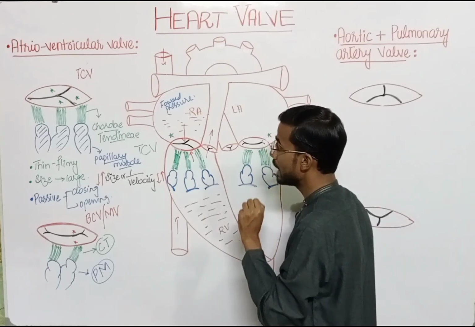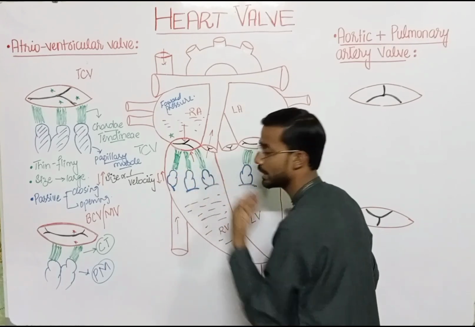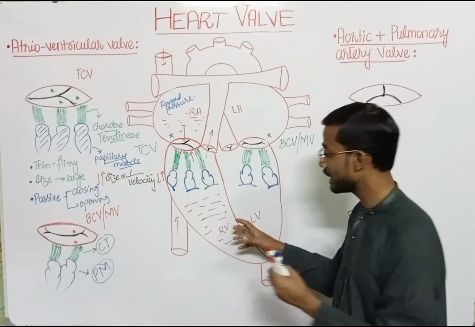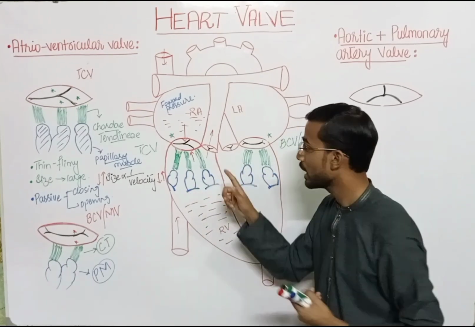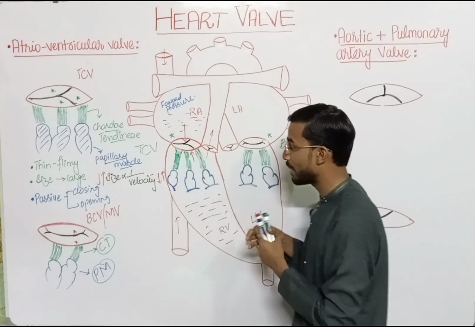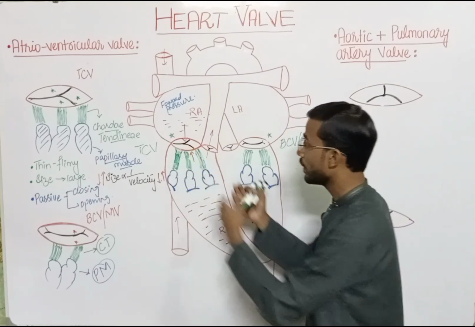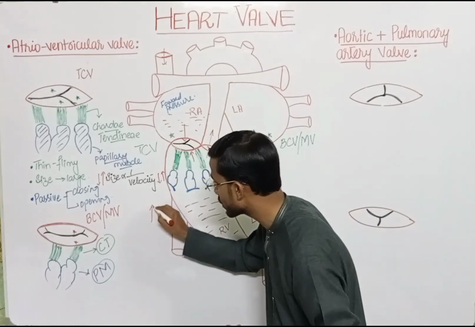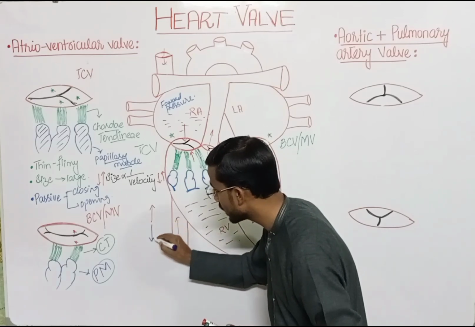Okay. Now what is the function of the chordae tendineae and the papillary muscle? When the ventricle contracts, the papillary muscles also contract. They pull the chordae tendineae, and when the pressure is exerted at the tricuspid valve in this direction, the chordae tendineae exert force in the opposite direction.